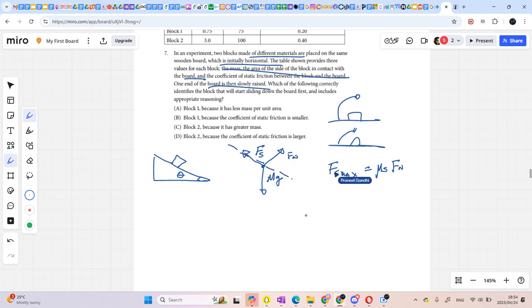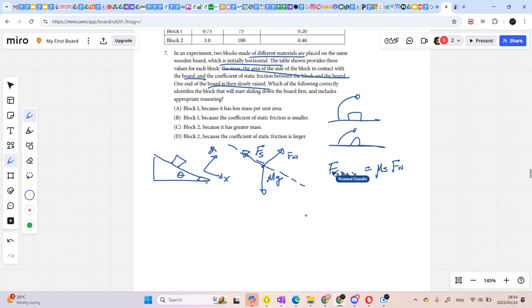So what we do in scenarios like this is we often define a new set of axes. We say our direction along the incline to be x and our direction perpendicular, or orthogonal, to that incline to be y. So what we can do in this scenario is some sums of forces.